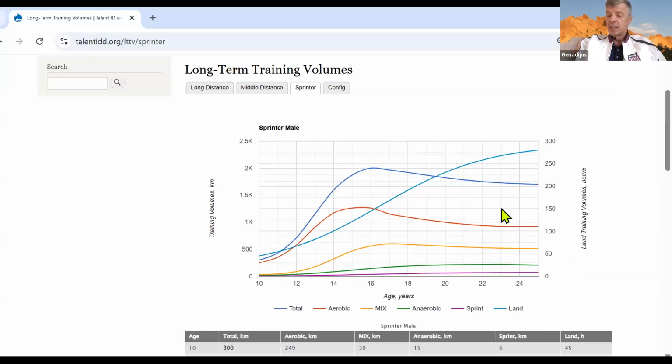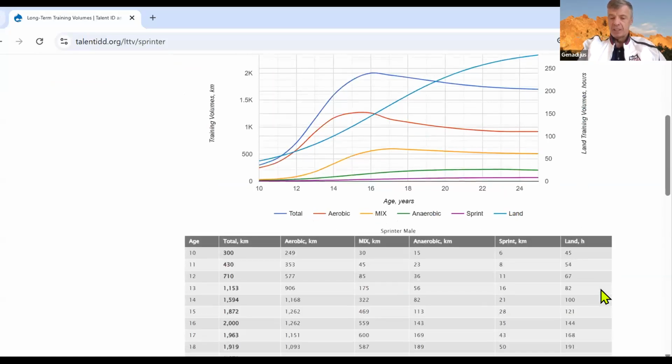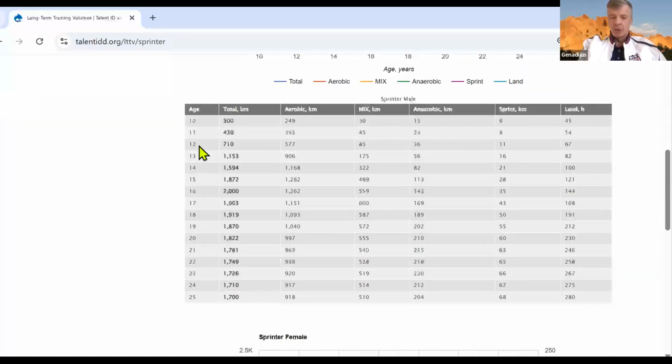That helps them to reach good performances at the age of peak performance, which at this time is 25 for male sprinters. These are examples of what kind of volumes sprinters need to swim every year. At age 10, 300 kilometers, then rapidly increasing and reaching the peak at age 16, 2,000 kilometers. And then volumes go down.